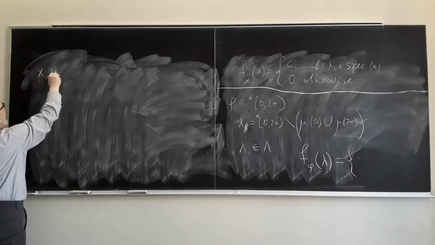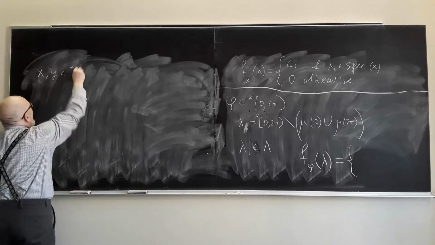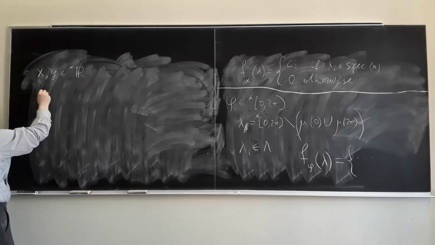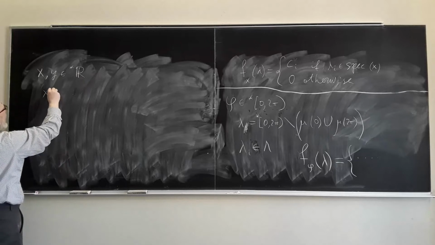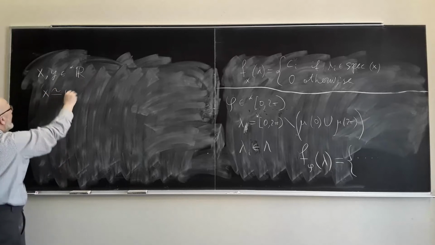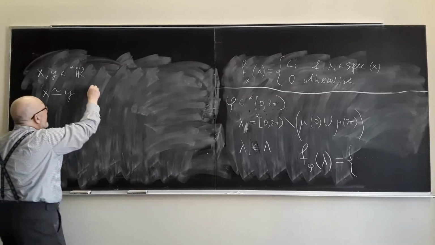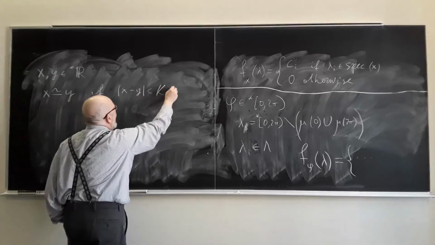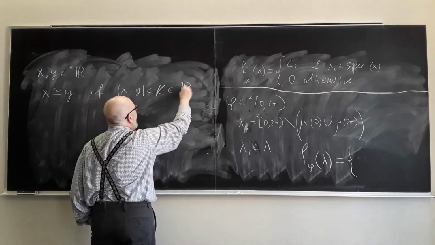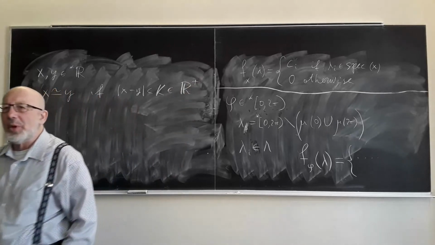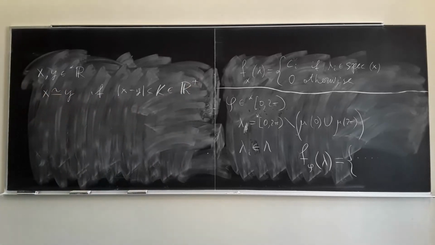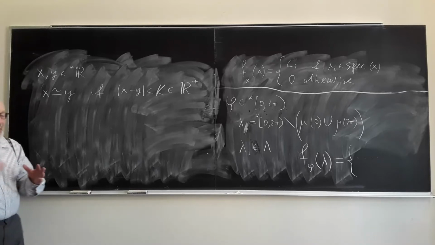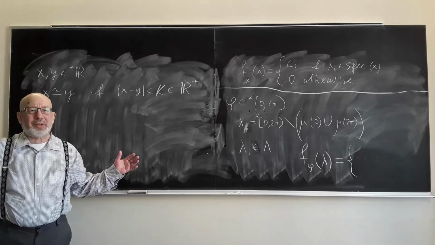If x, y in star R, we write that x is, in this sense, equivalent to y if modulus x minus y is less than k, which is a standard number. And again, let me take R plus. R plus is partitioned into equivalence classes.